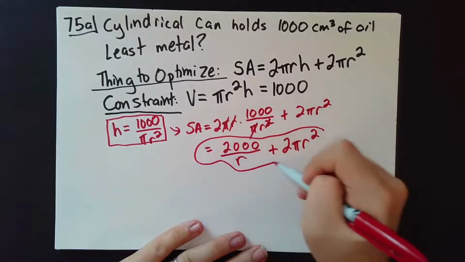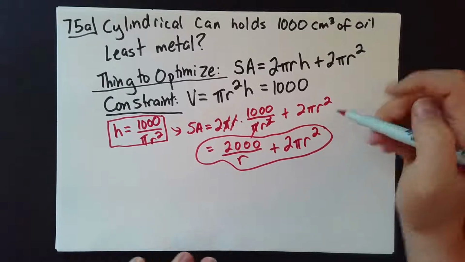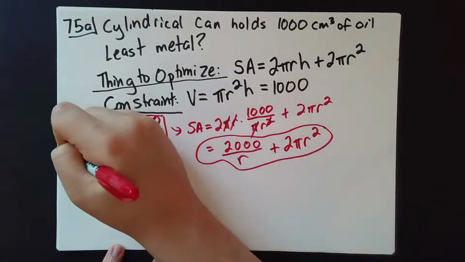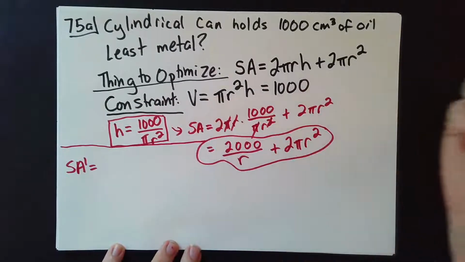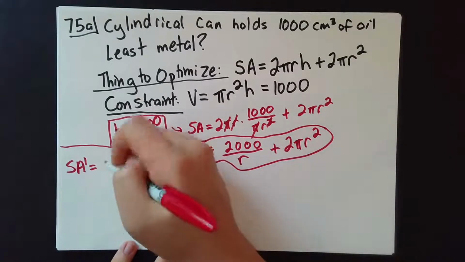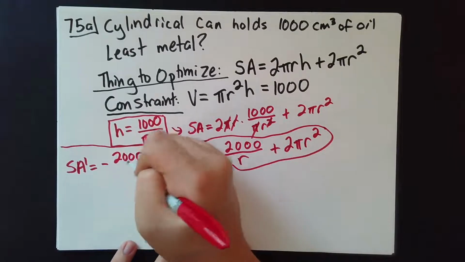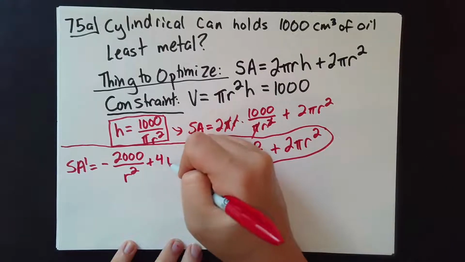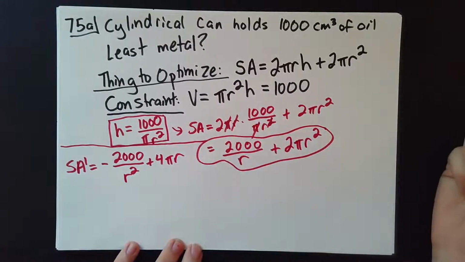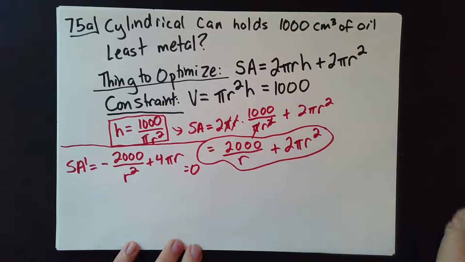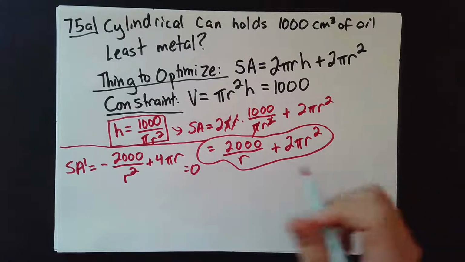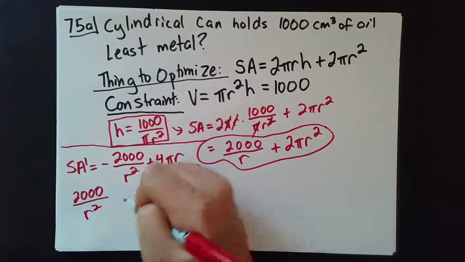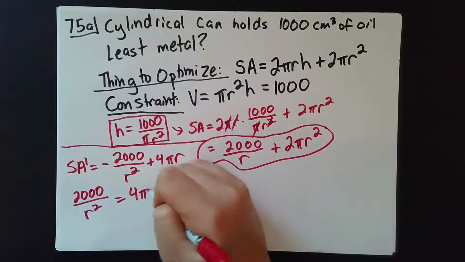Once I'm here, I have to go ahead and take the derivative of this. And so the derivative here will be minus 2,000 over r squared plus 4 pi r. And again, we want to know when that's 0. So we'll get 2,000 over r squared equals 4 pi r.